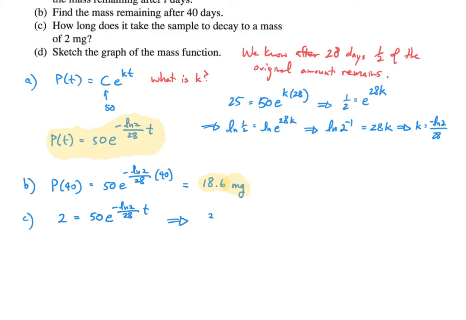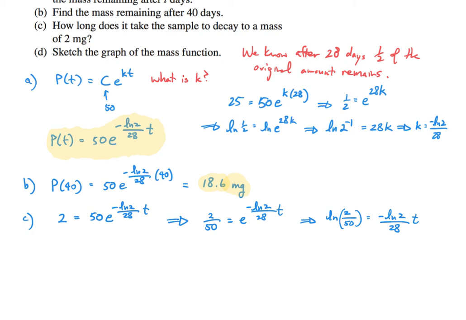I get 2 divided by 50 is equal to e to the negative natural log of 2 over 28 times t. Then I'm going to take natural log of both sides, which gives me natural log of 2 over 50 equal to negative natural log of 2 divided by 28 times t.